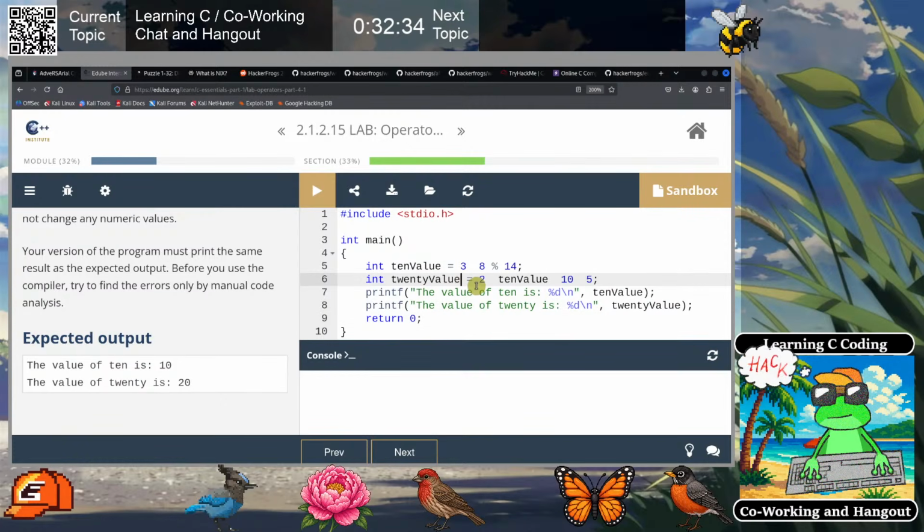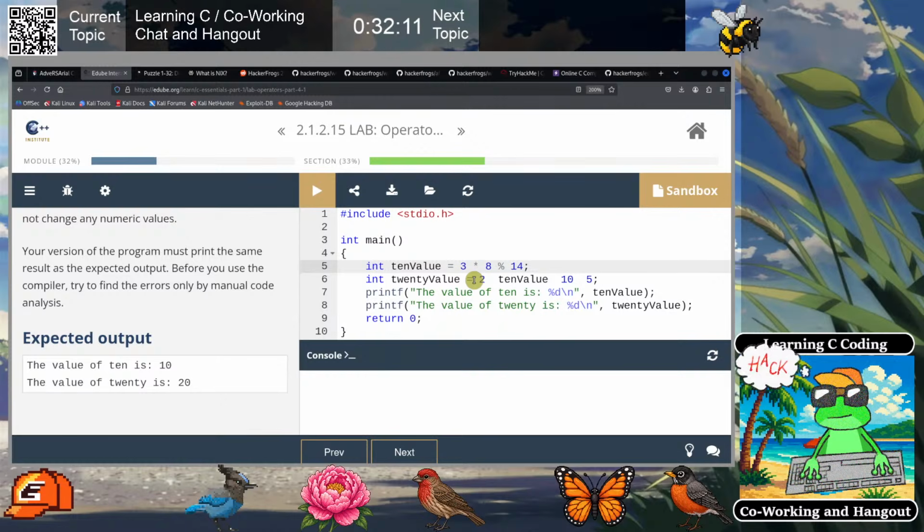Okay, so let's fix up the 10 value first. So this is 3 something modulo 14. We need to modulo by 14 in order to get 10. So this must be multiply, right? So 3 times 8.